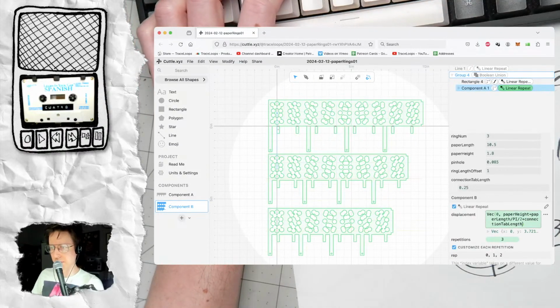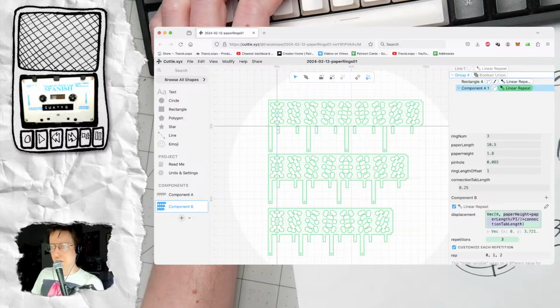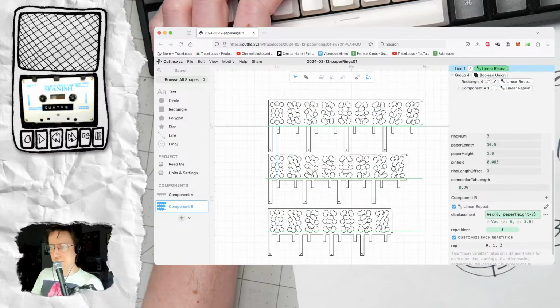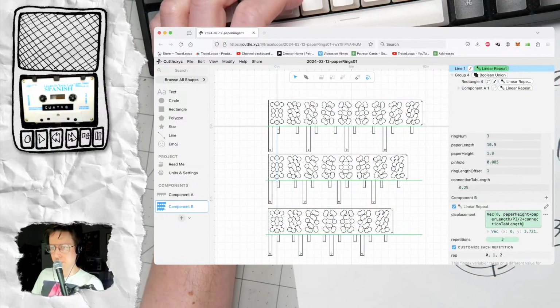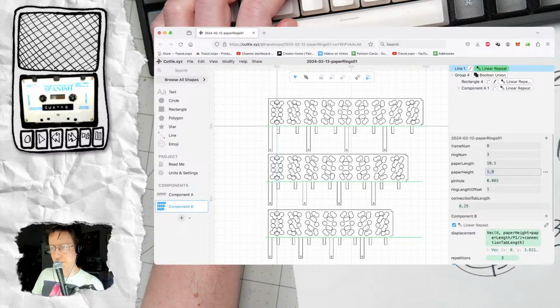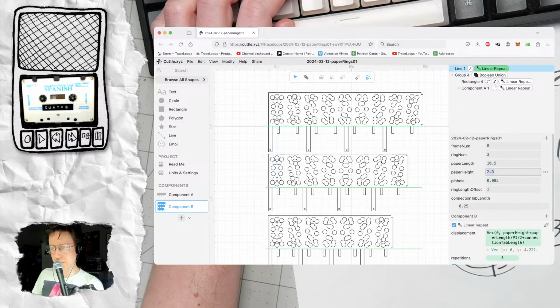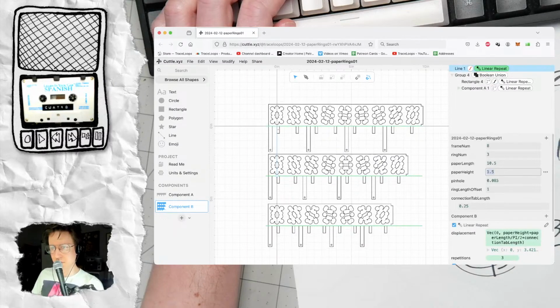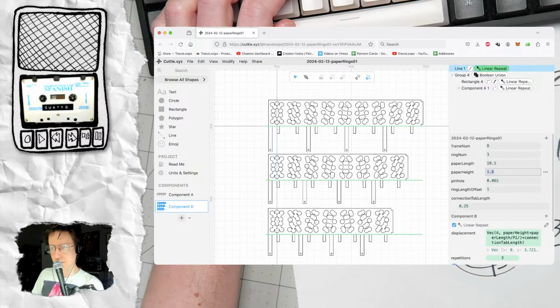Let's just do that and copy that to this line. And that's just a safety thing if I want to adjust the paper height to a shorter height.